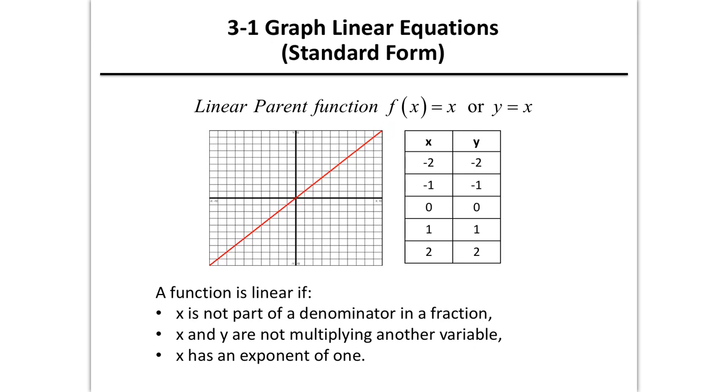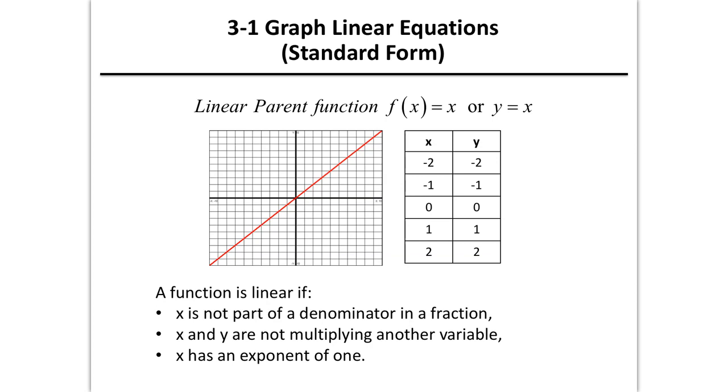Now, when you guys have a graph, you can make one by using a table. You can actually graph a linear function using a table. That's why I have a table here. Now, this table represents the parent function for linear functions. If you notice, when you guys have x values here, we have -2, -1, 0, 1, and 2. You can find the y value by substituting that x value into the y.